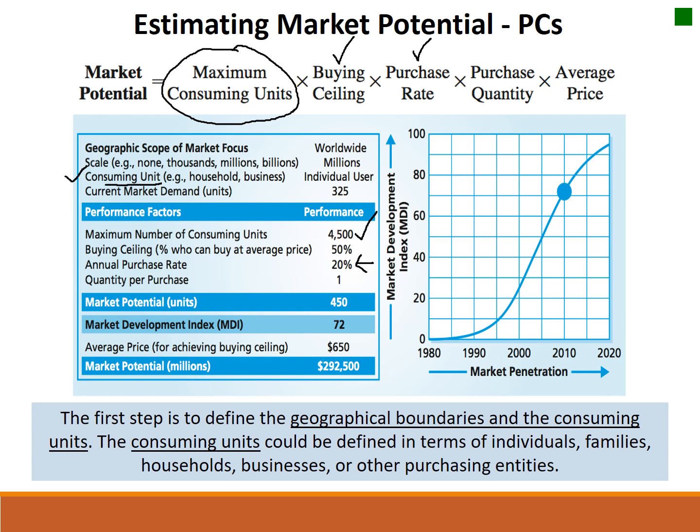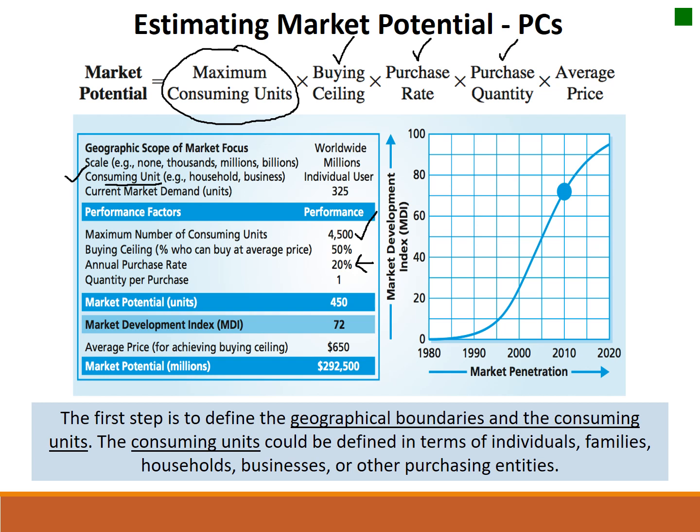And if you think about people buying a computer, that probably makes sense. If it's an item that somebody would buy once every 2 or 3 months, this number would be like 300, 400, 500%, something like that, depending on how many times a year they would purchase the product. Then we have the purchase quantity.